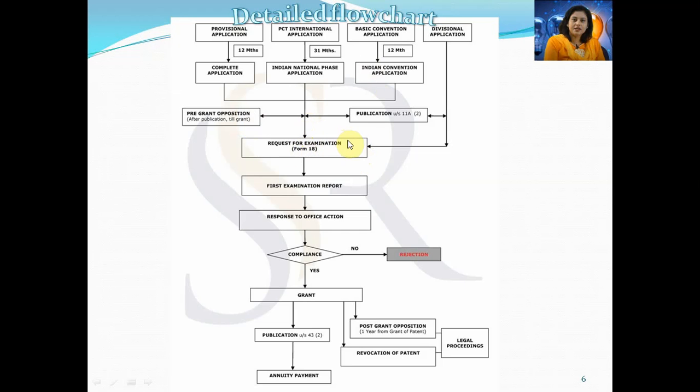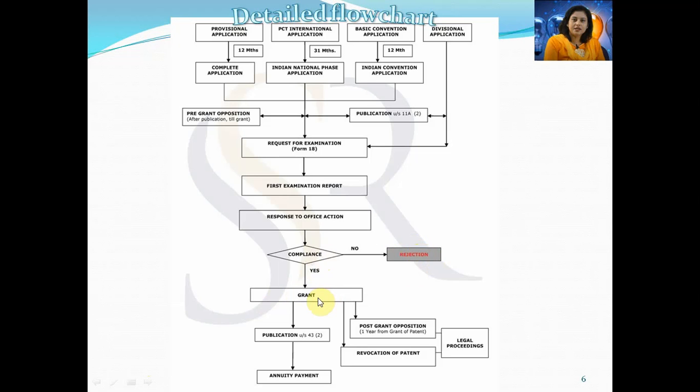After getting the first examination report, you have to give a response to that report in the patent office. If you comply with the report, then your patent will be granted. Otherwise, if you don't comply, your patent application will be rejected.